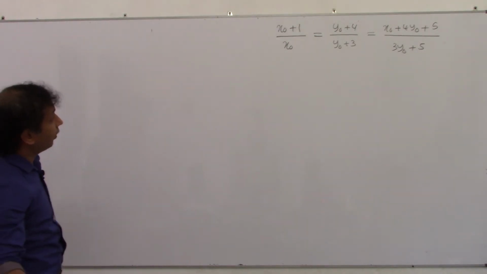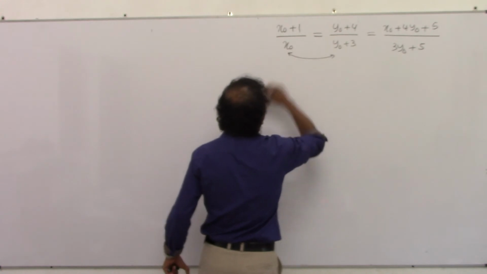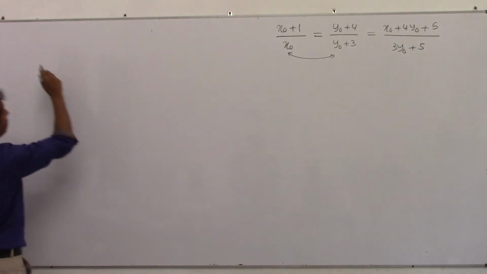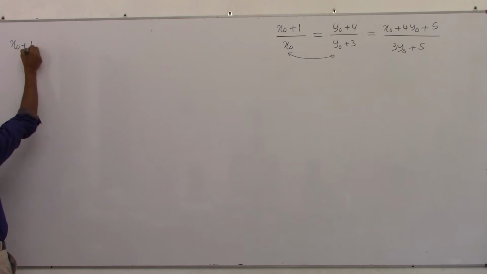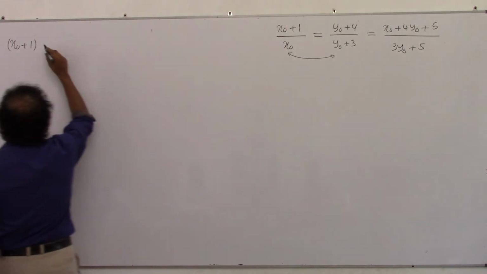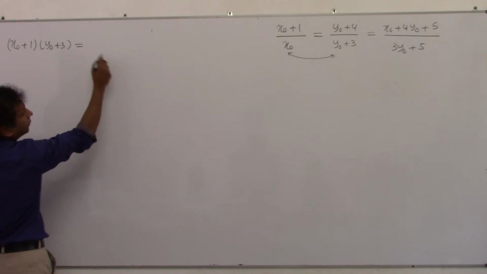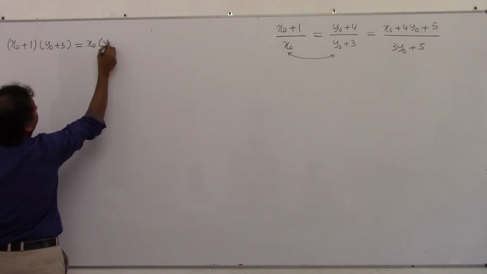Right, now I am going to equate these two. They are equated. x naught plus 1, right, this is the first multiplication like this, y naught plus 3 equals x naught times y naught plus 4.